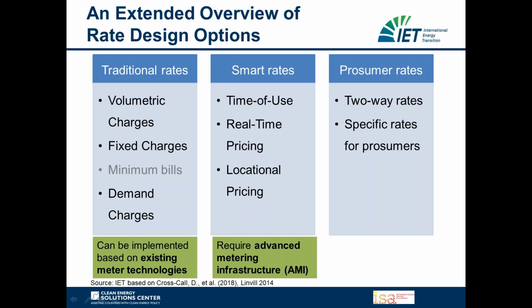So we will discuss time of use rates, we will discuss real-time pricing, we will discuss locational pricing, all of which of course need some advanced metering infrastructure. And we will also look at the cost and benefits of distributed power generation of solar PV in particular, look at two-way rates and specific rate design, which might only be implemented for prosumers and not for all electricity customers altogether.